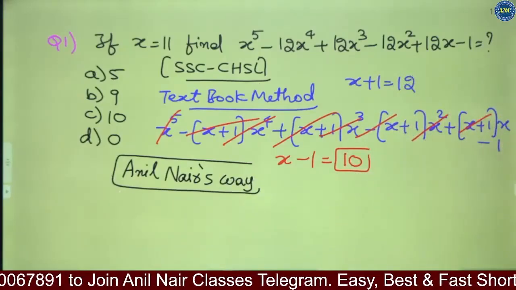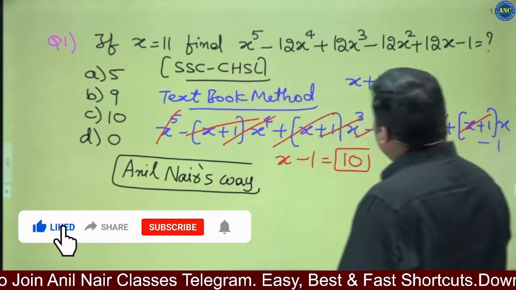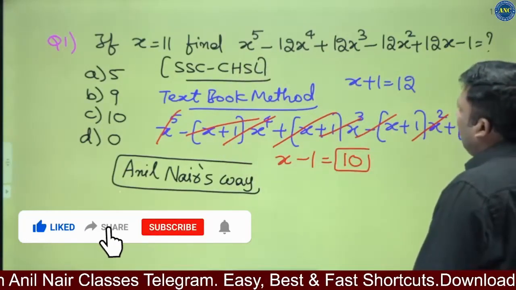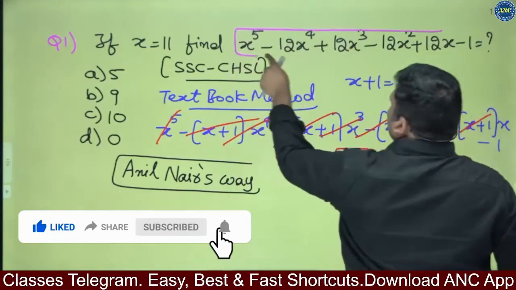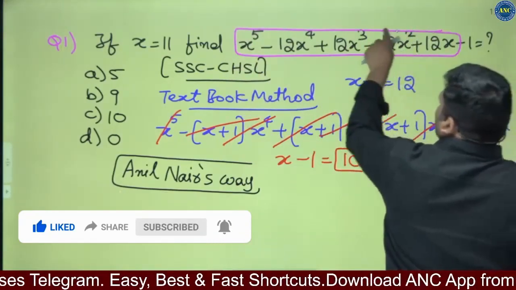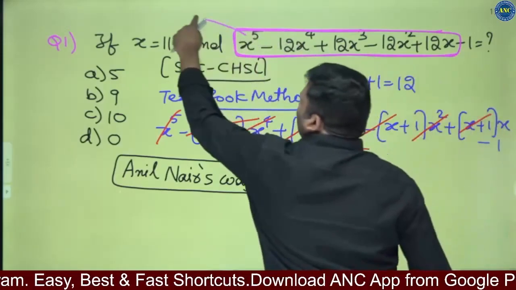If x is equivalent to 11, x power 5 minus 12x power 4 plus 12x cube minus 12x square plus 12x. All these terms contain x. What is the x value? 11.